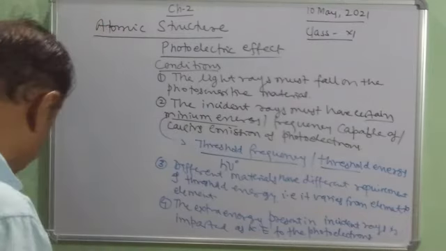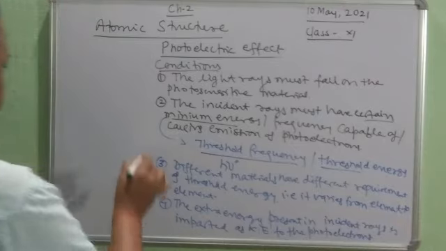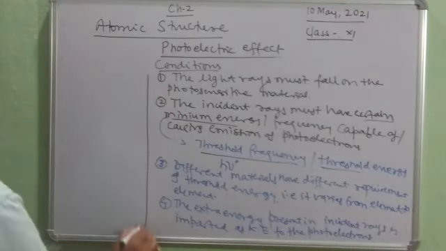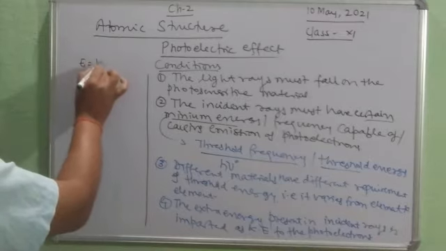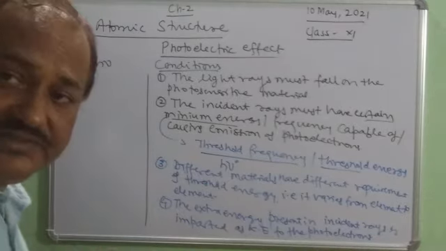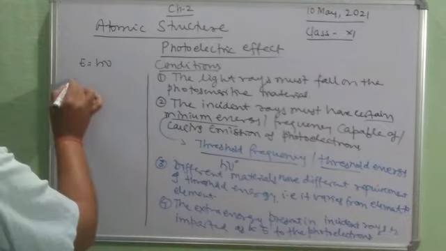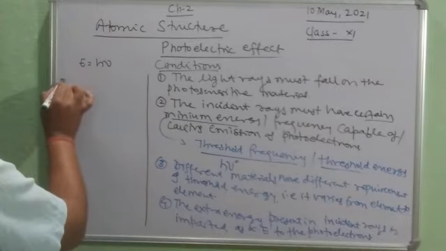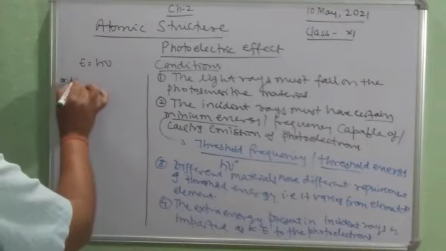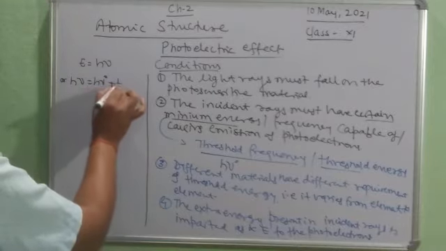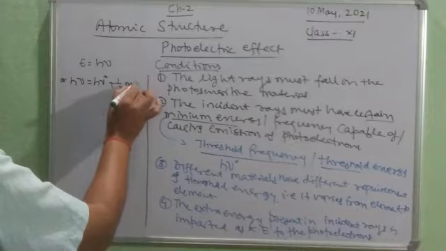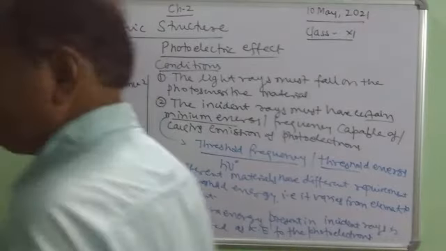See how? You have seen in the quantum theory that E is equal to h nu. You know this thing, E is equal to h nu. So this h nu, see very carefully, or we can write mathematically, h nu is equal to h nu naught plus half m v square.